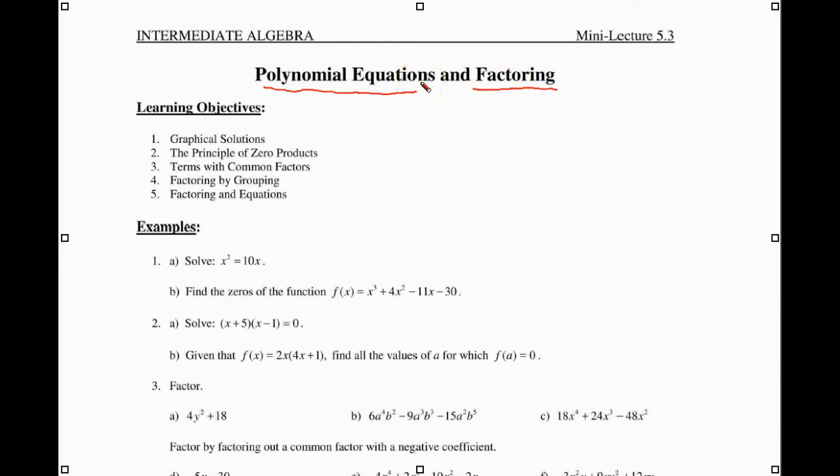Now, if you have a graphing calculator, there are ways to graph solutions, but we will primarily be doing our solving of these quadratic equations using algebra. And to do this, as I mentioned before, we're going to need to do factoring. And this will be a skill we will particularly work on.